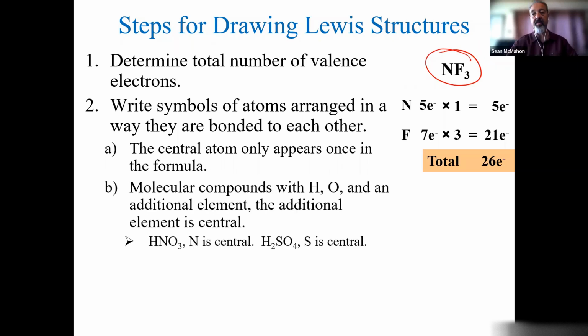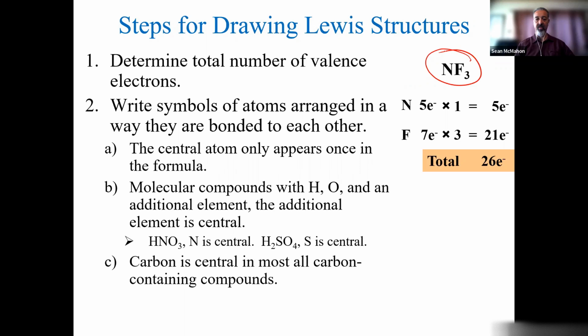If you have a compound that has hydrogen, oxygen, and an additional element, so this is where you have more than just binary, you're going to have the nonmetal be the central atom. For example, in nitric acid, it would be nitrogen, and in sulfuric acid, it would be sulfur. Carbon is typically the central atom in pretty much all carbon-containing compounds.